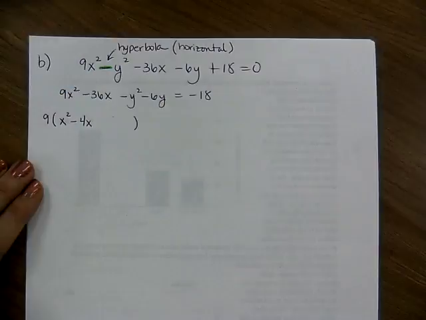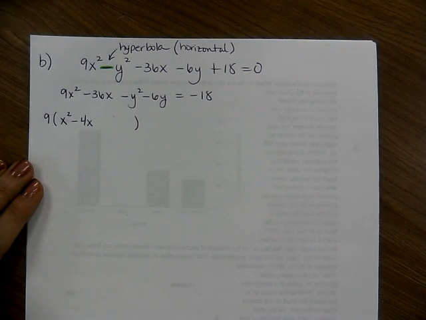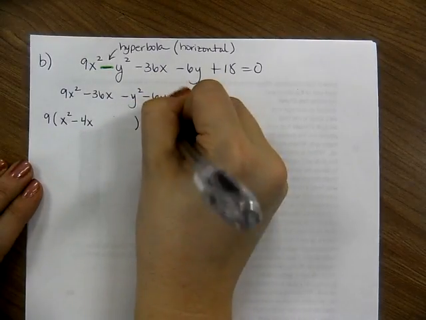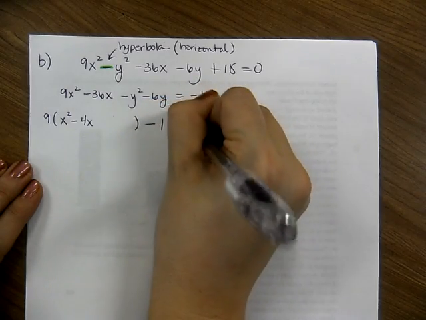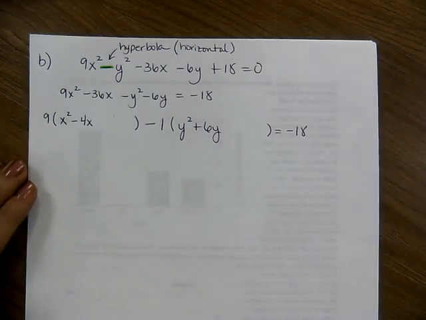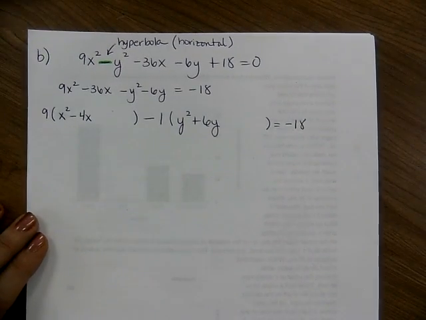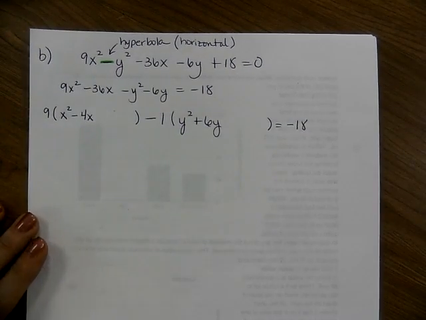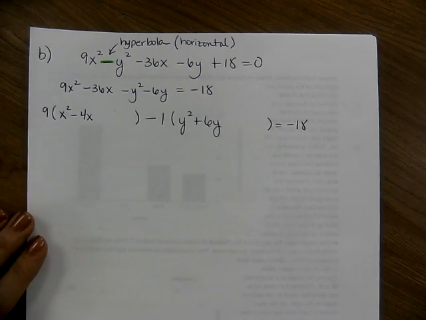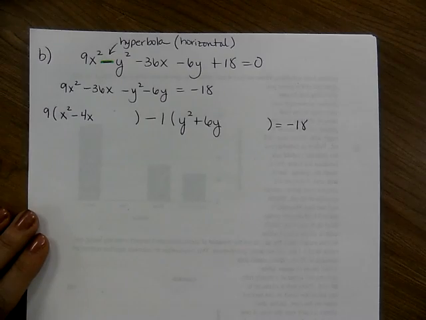I'm going to leave a space. What do I have to take out of the next two? A negative 1. So I want minus 1 times y squared plus 6y, leave a space, equals negative 18. If you are not comfortable with this, you really need to see me. We need to go over this until you are, because this is imperative for this unit.